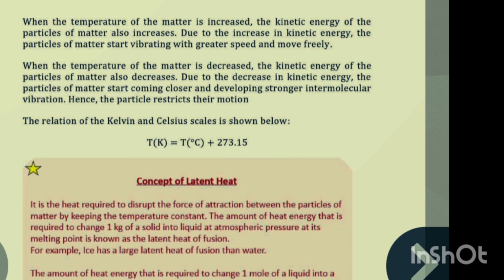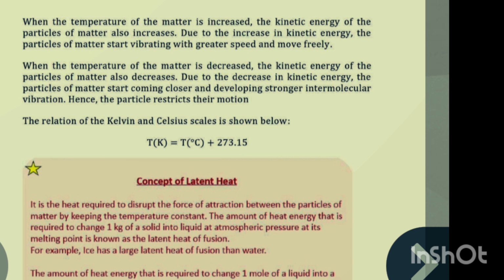When the temperature of matter is decreased, the kinetic energy of the particles also decreases. Due to the decrease in kinetic energy, the particles start coming closer and developing strong intermolecular forces. Hence, the particles resist their motion.